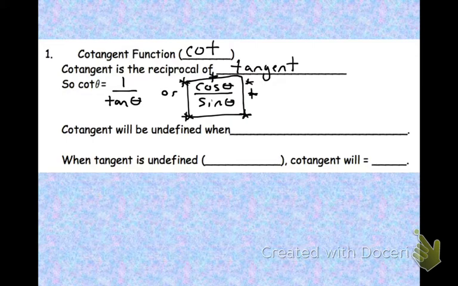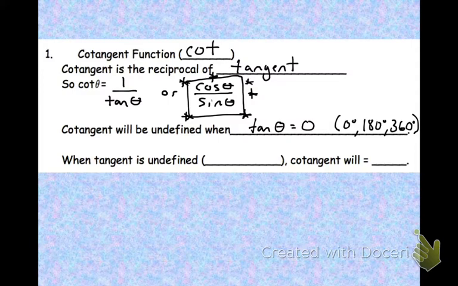Cotangent will be undefined when tan is equal to 0. So tangent is equal to 0, if you recall, at 0 degrees, 180 degrees, 360 degrees. So that is where cotangent will be undefined.